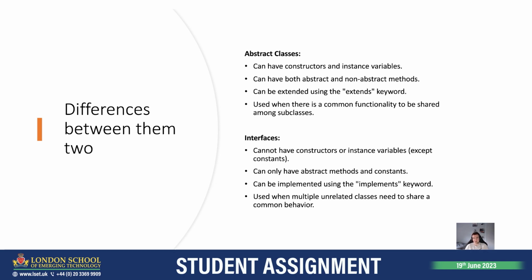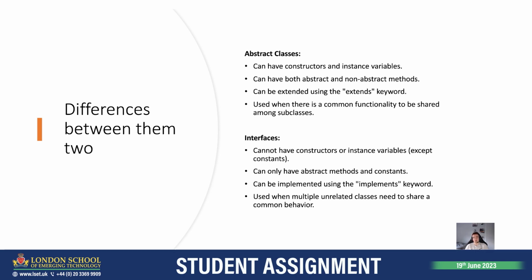Used when there is a common functionality to be shared among subclasses. Interfaces cannot have constructors or instance variables except constants, can only have abstract methods and constants, and can be implemented using the implements keyword. Used when multiple unrelated classes need to share a common behavior.